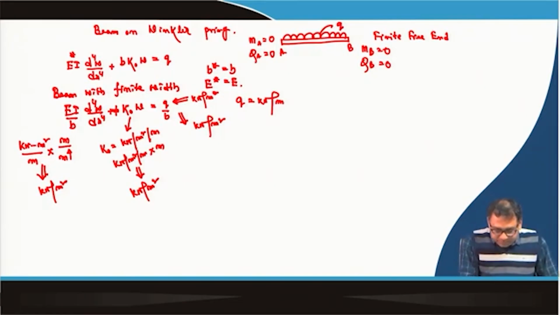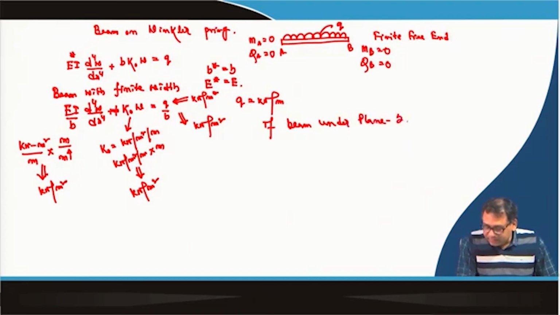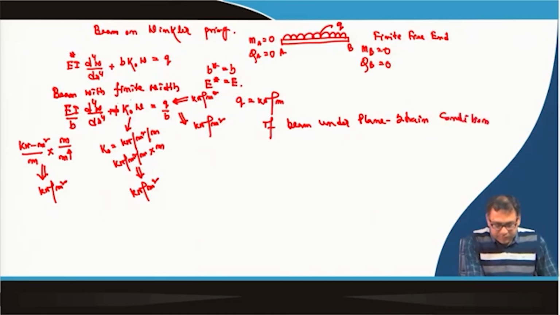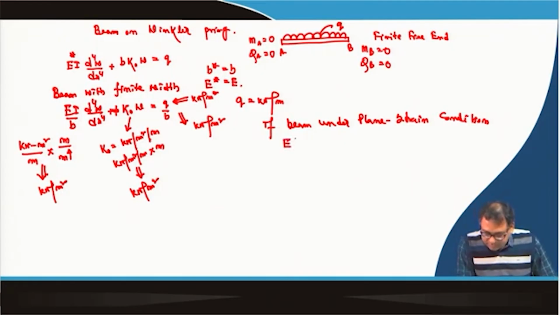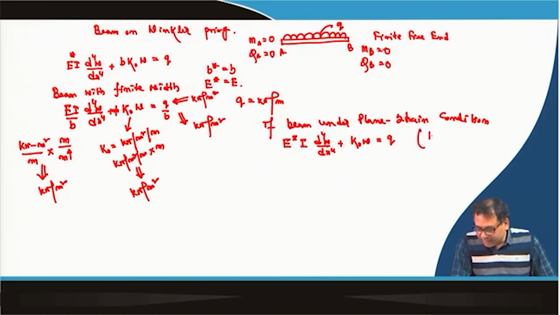And finally I can write that if the beam is under plane strain condition, because this is a beam with finite width, under plane strain condition this will be E star I d4w/dx4 plus k0 W, this is equal to Q, because under that condition B is equal to 1.